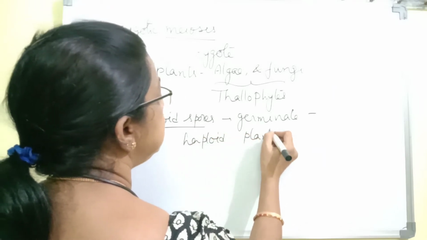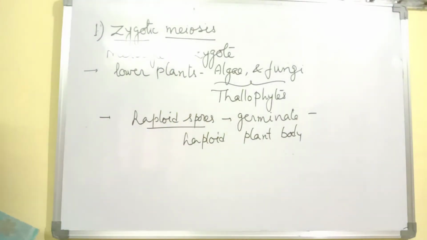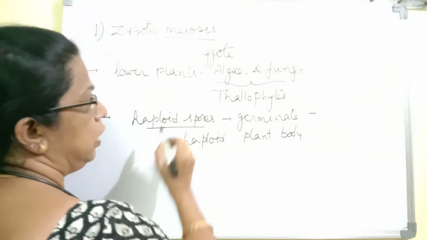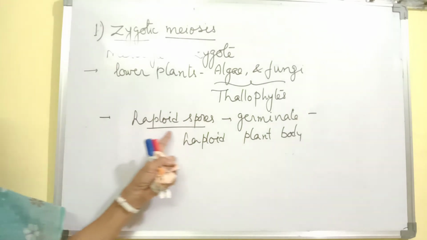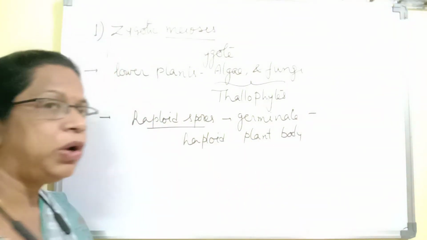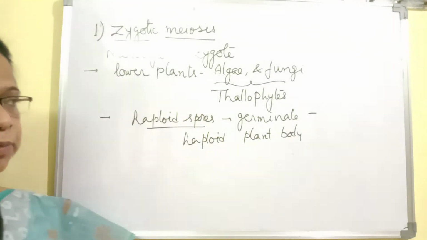In these thallophytes, the plant body is haploid, that is, it is called a gametophyte. So the zygote undergoes meiosis, gives rise to haploid spores, which on germination form the haploid plant body. This is called zygotic meiosis.